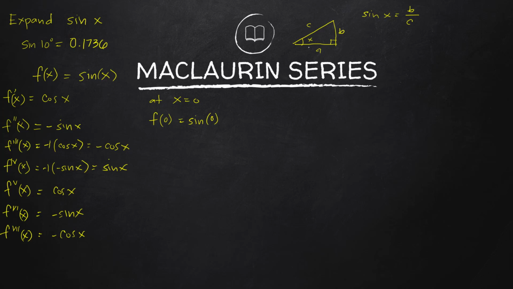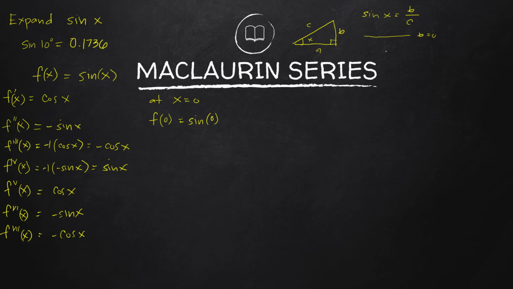So if the angle is equal to 0, what will happen to our triangle? Essentially, it will become a line, right? Wherein your B is equal to 0. Because the angle between the hypotenuse and the adjacent side here is equal to 0.